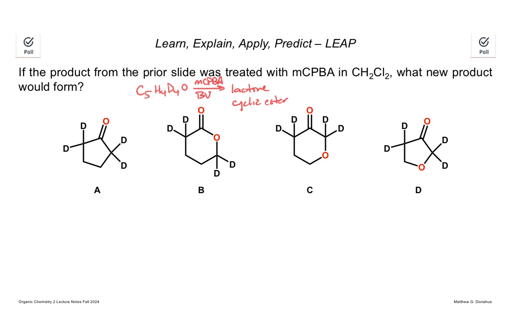And so based on that information, which product do you think will form? So B is your ester. Since it's cyclic, it's a lactone. And again, what the MCPBA is doing is just inserting an oxygen between the carbonyl and the alpha carbon.